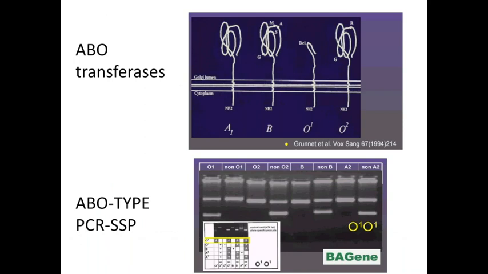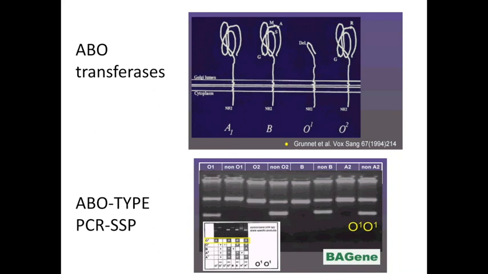Here you can see the result of ABO PCR-SSP, and this detection is limited only to detection of alleles A2, B, and O1 and O2, and A1 detection is per exclusion.